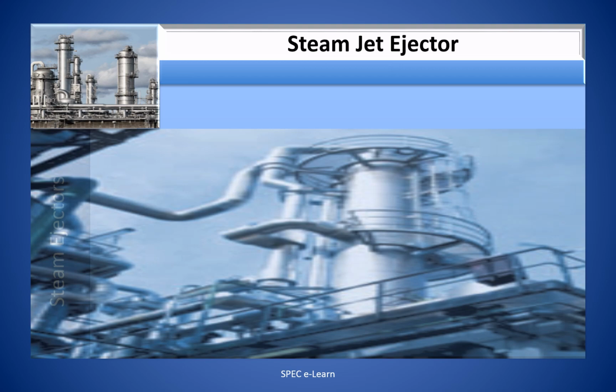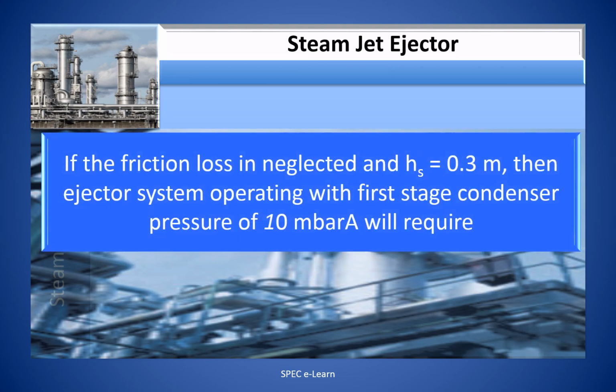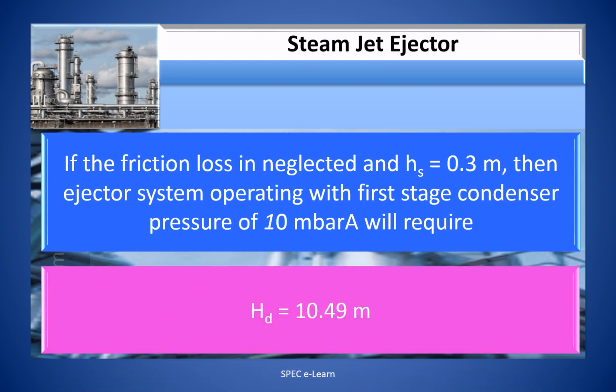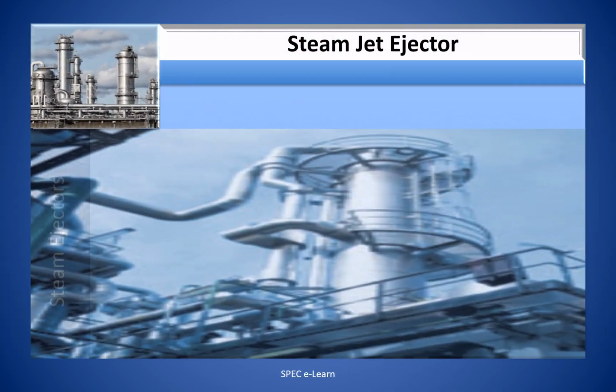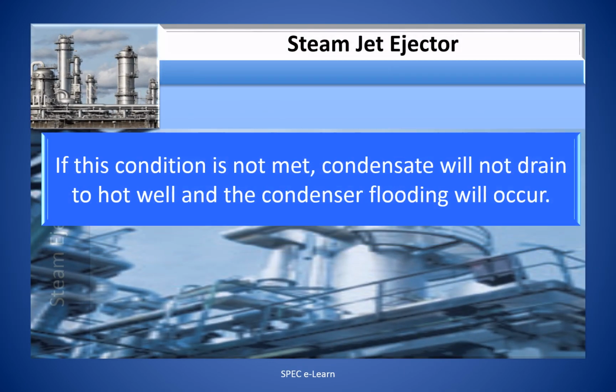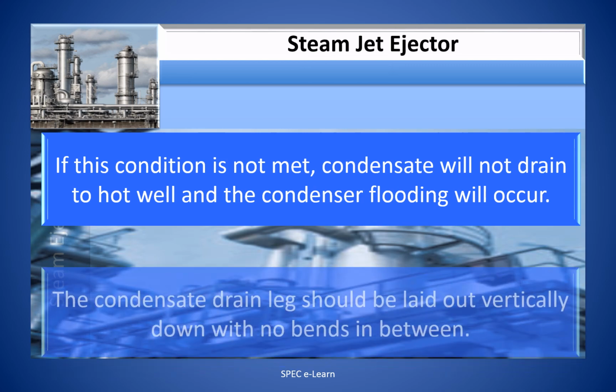If the friction loss is neglected and HS is equal to 0.3 meter, then the jet system operating with a first stage condenser pressure of 10 millibar absolute will require a drainage head of 10.49 meters. If this condition is not met, the condensate will not drain to the hot well and condenser flooding will occur.